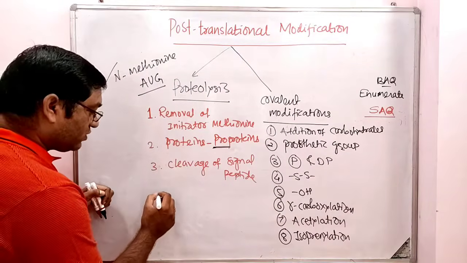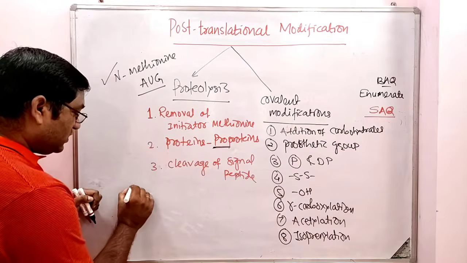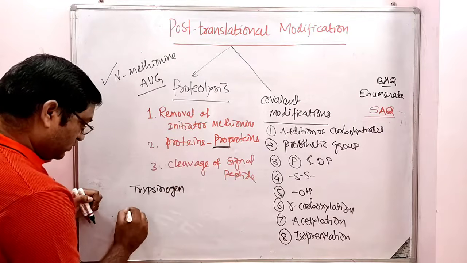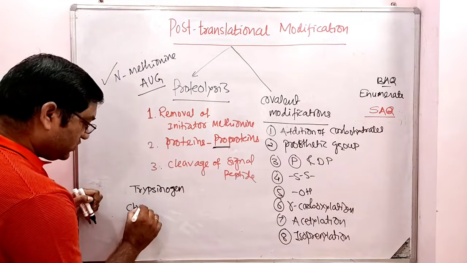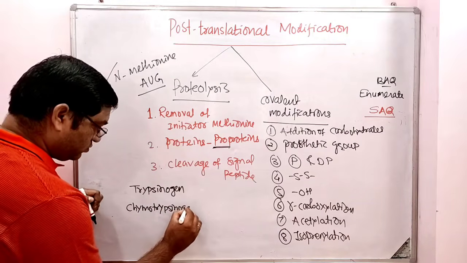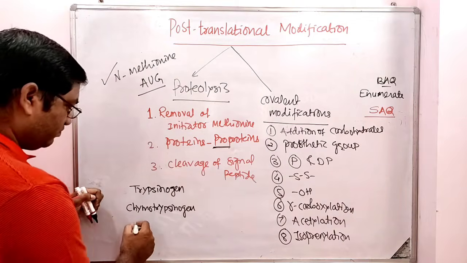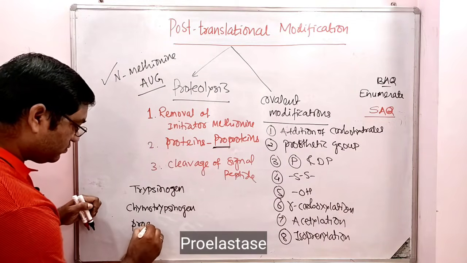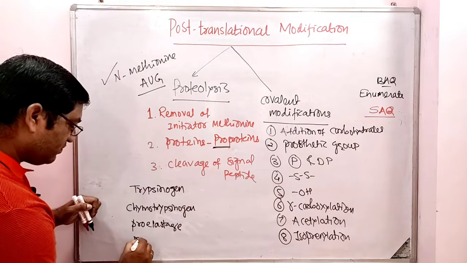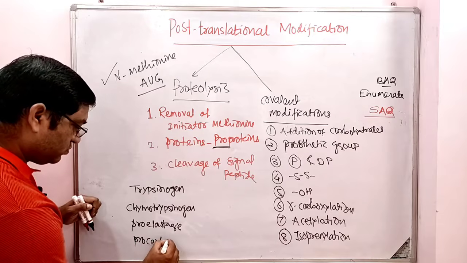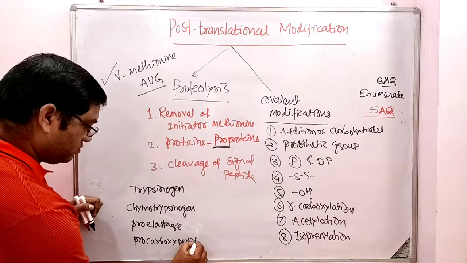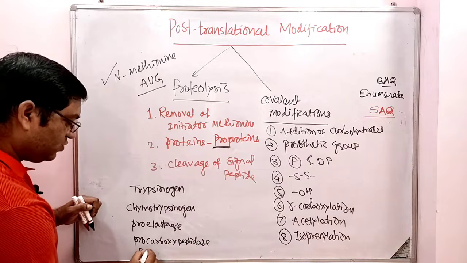Examples are, for example, pancreatic enzymes, that is trypsinogen, chymotrypsinogen, then proelastase, procarboxypeptidase, pepsinogen.